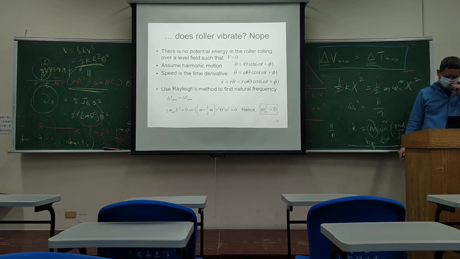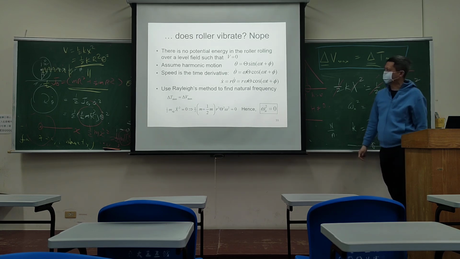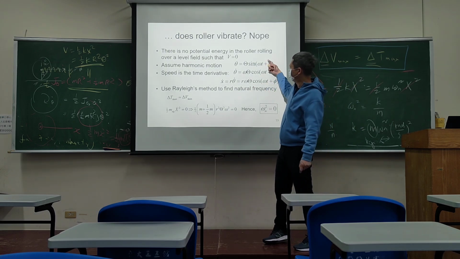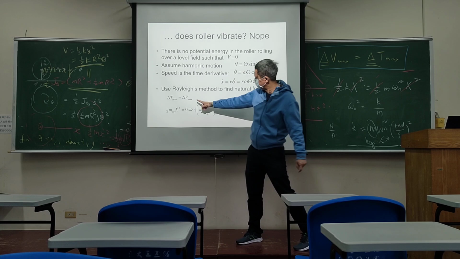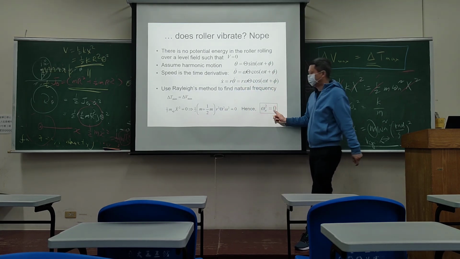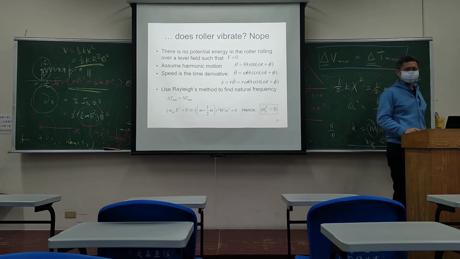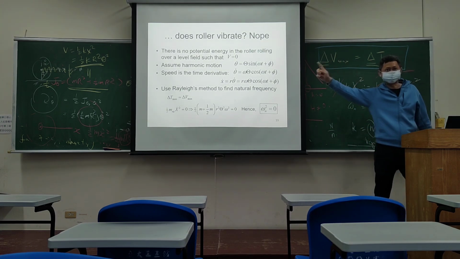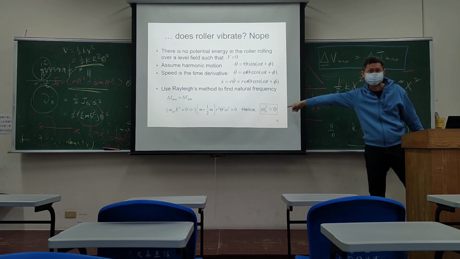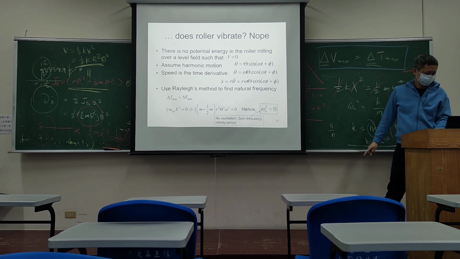then you're going to find out your natural frequency. According to the Rayleigh method, okay, in the case of a rolling wheel with no spring, the natural frequency is 0. So if your wheel keeps rolling with no spring, the natural frequency is zero. Okay?